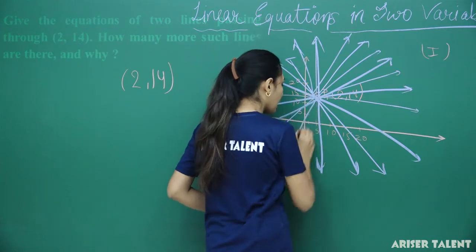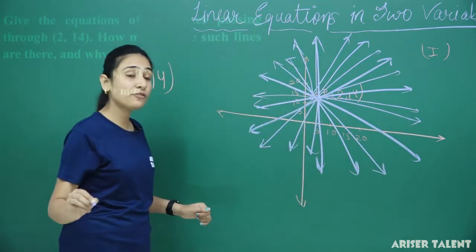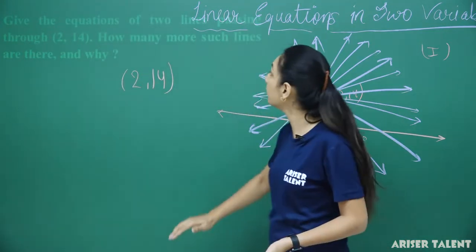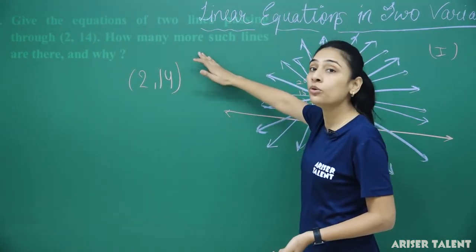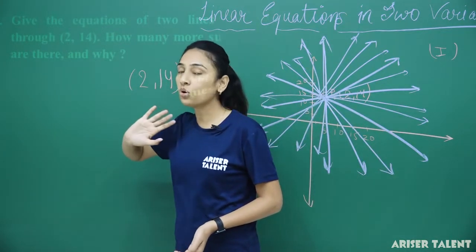So there are an infinite number of lines from the point. So the latter part is now clear to you guys, that infinitely many more such lines are there, and you know why.